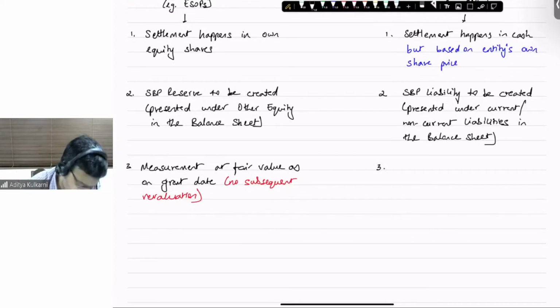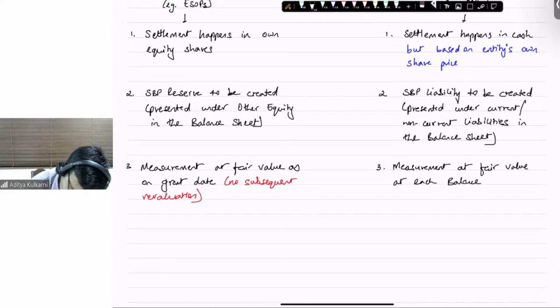Third point here is, can you revalue this? Yes. Measurement at fair value at each balance sheet date.